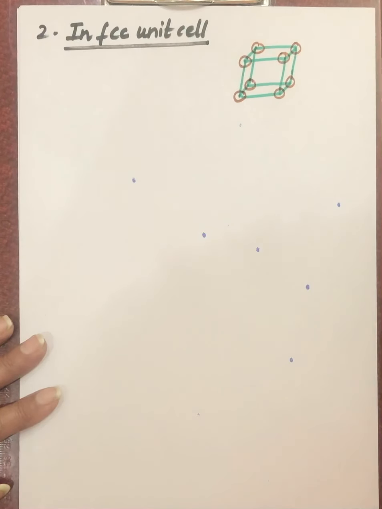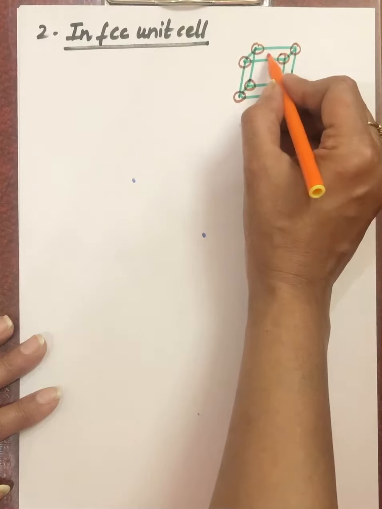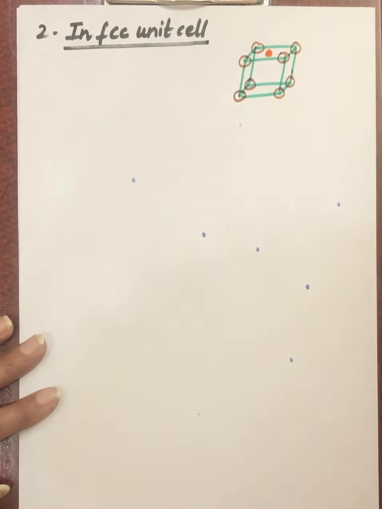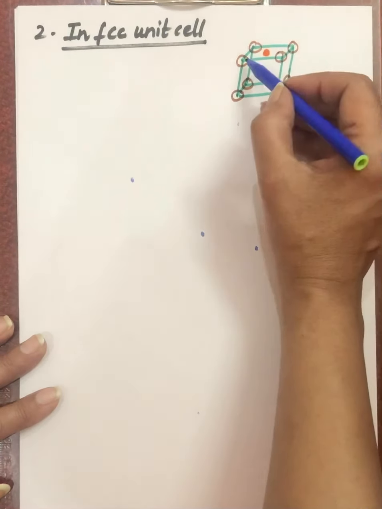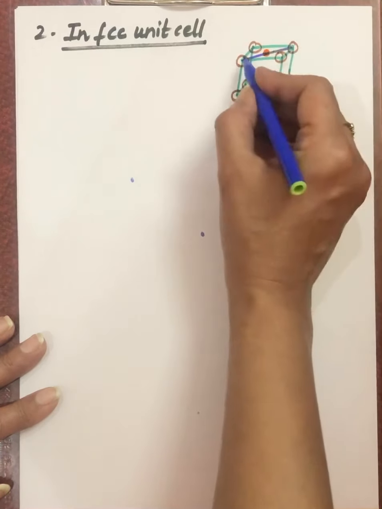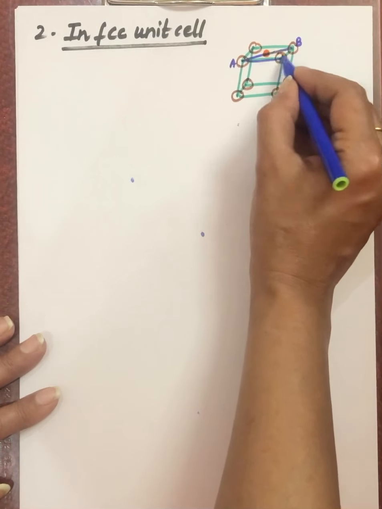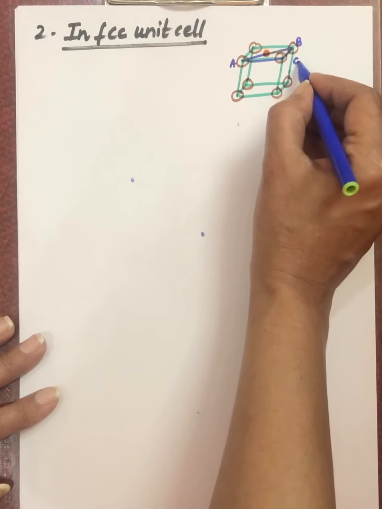But now I'm just taking one particle here, at the center of this face only. Joining these, we get a face diagonal. This point is A, this point I'm taking is B, and this point is the C point.